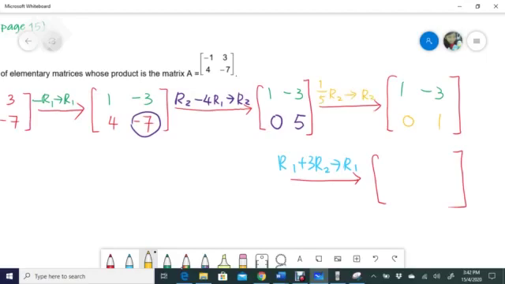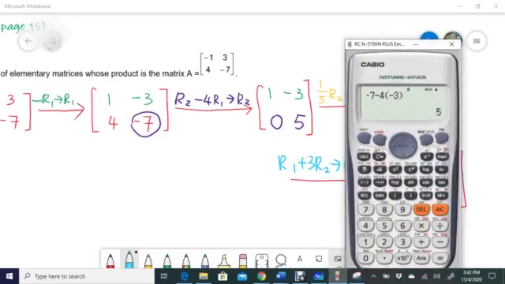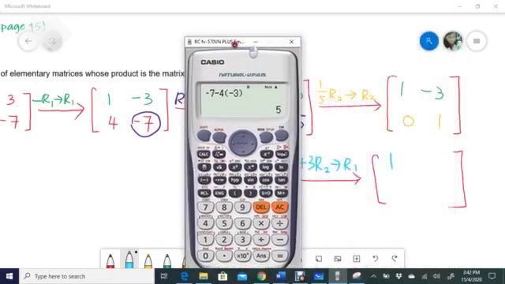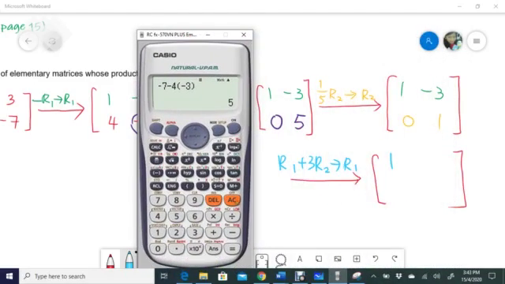So what will you have then? 1 plus 0, you have 1. If you can't see clearly, use your calculator.